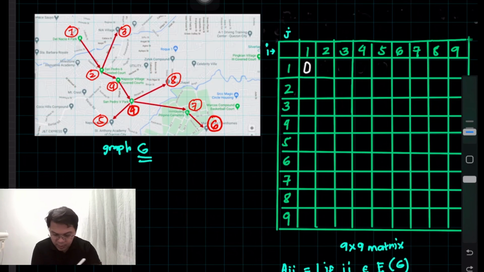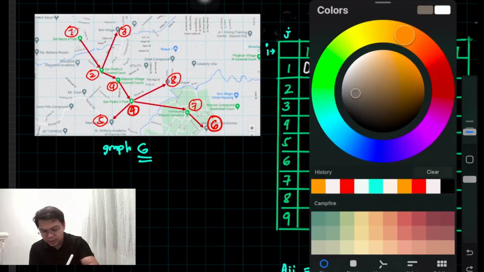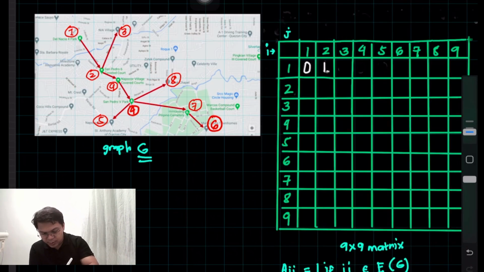What about 1 and 2? Let's check. 1 and 2 actually has an edge going from 1 to number 2. So let's indicate that as 1. I will write the color. That's 1.